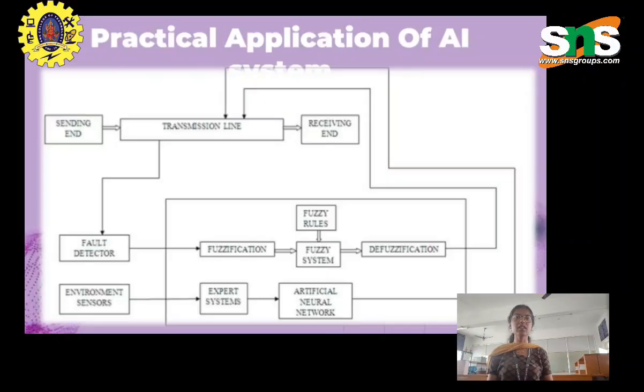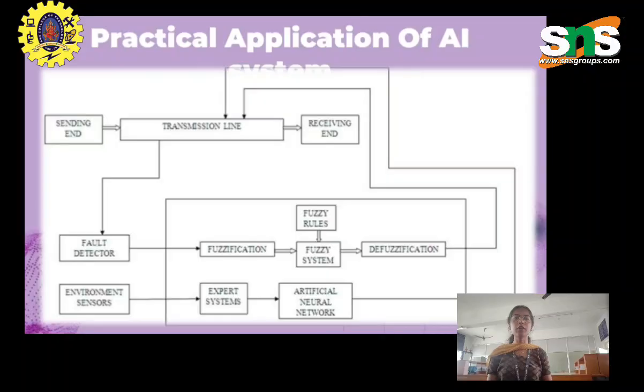This suggests that expert knowledge can refine or be integrated with the fuzzy reasoning. The artificial neural network receives input from various points in the system. For example, fault detector outputs, environmental sensor data, and fuzzy logic outputs to learn complex relationships or perform predictive analysis.